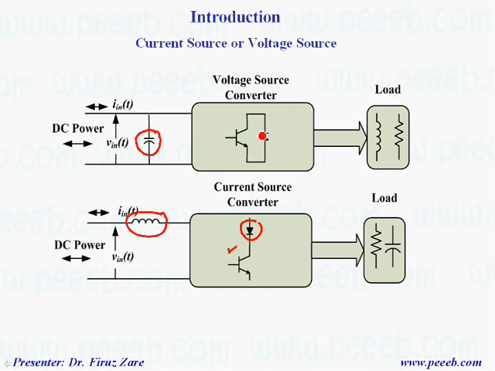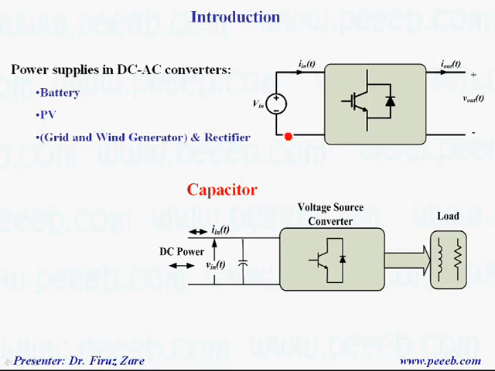And in voltage source inverter, we need to have anti-parallel diode with the switch in order to provide positive and negative current. So in most applications, we have voltage source inverter. So the question is how we get the power supply, the DC voltage.